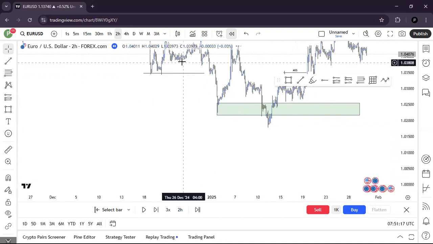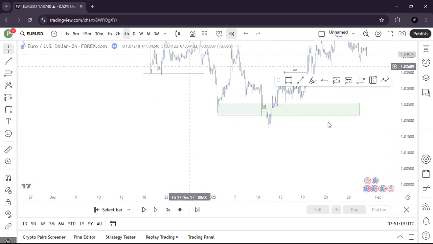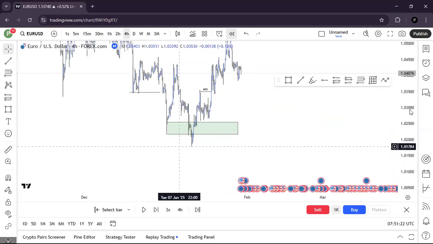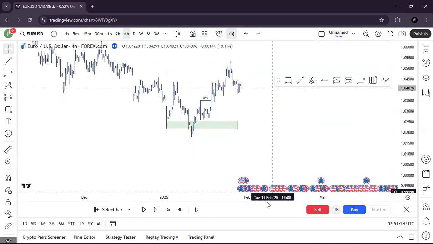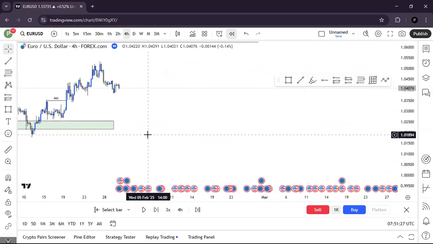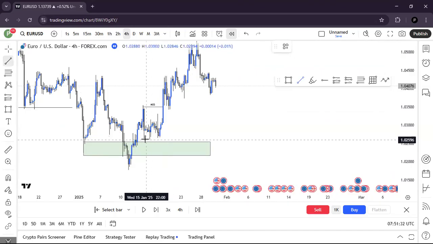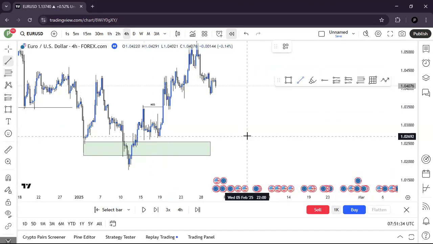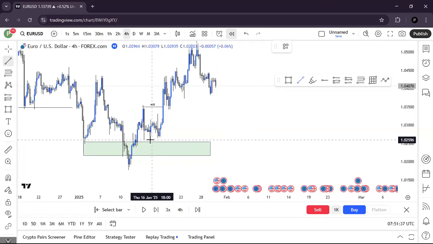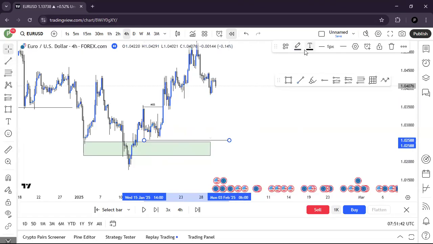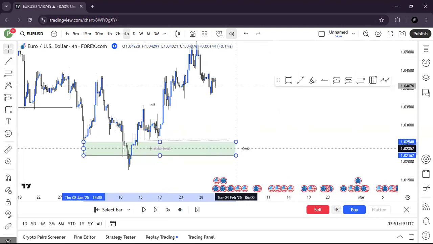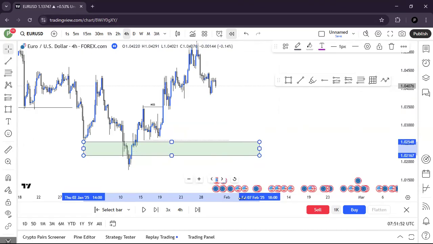If eventually the market decides to respect the other block, we are still in the trade because the other block still falls within our entry conditions. So everything that happened here is liquidity. So we just expect the market to come here and then we'll take our buy.